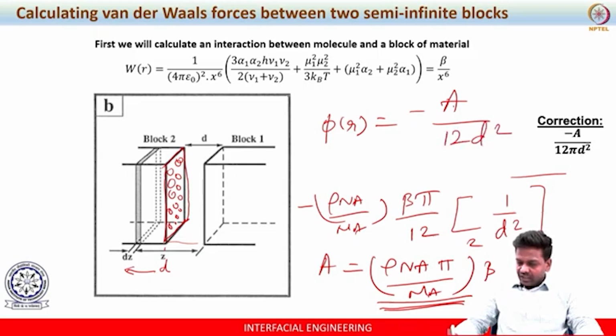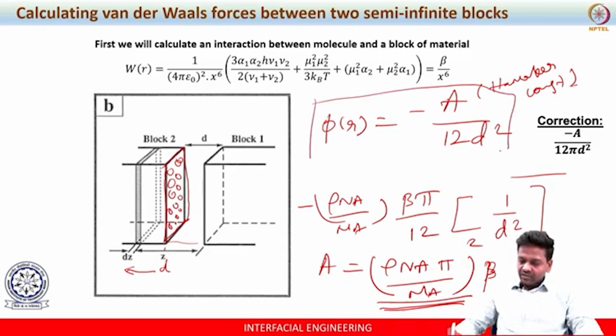A is nothing but the Hamaker constant, which is rho Na pi by Ma whole squared into beta. So beta is also included in this A. This is how you can calculate the pairwise interaction of any two macroscopic bodies made up of their own constituent molecules.